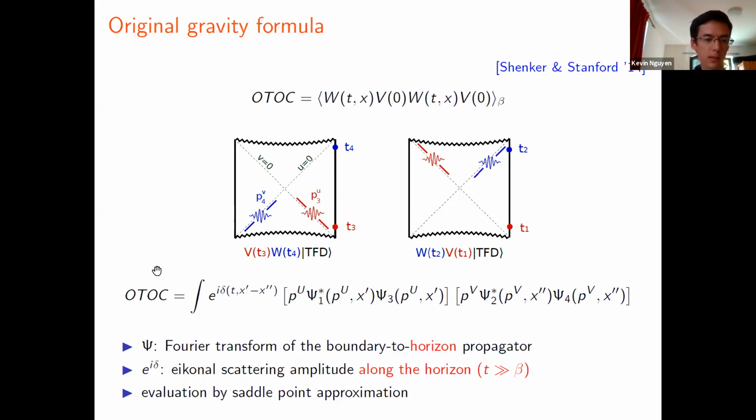Okay, so this explains this very nice formula, where you still have to perform several integrals. So you have to integrate over the momenta of the wave functions, so Pu and Pv, but also over the transverse coordinates x prime and x second prime, because although you have, let's say, inserted W at some point locally on the boundary, when you propagate it backward onto the past horizon, it spreads in the transverse direction as well. So you have to take that into account.